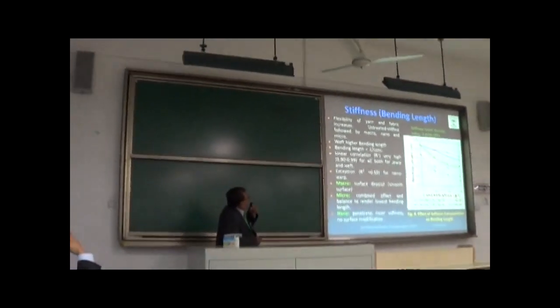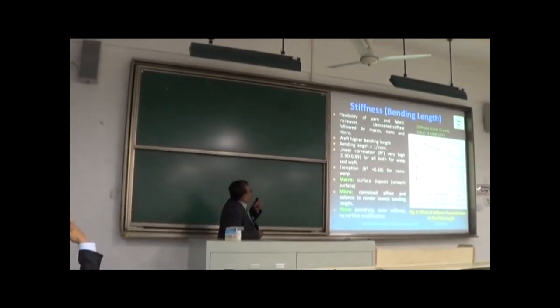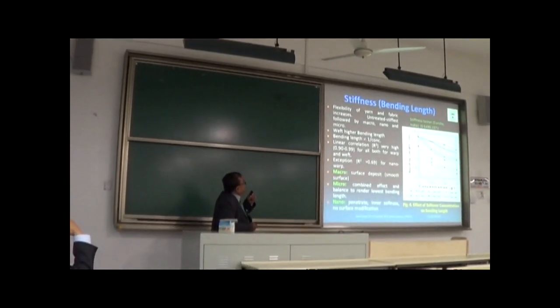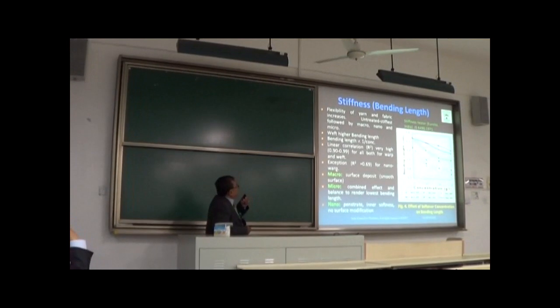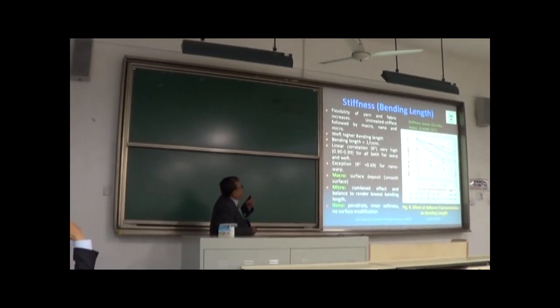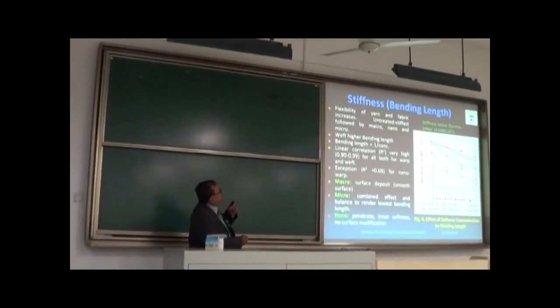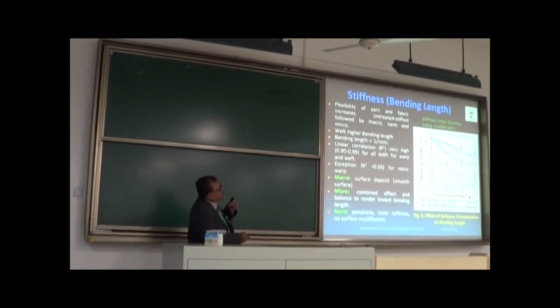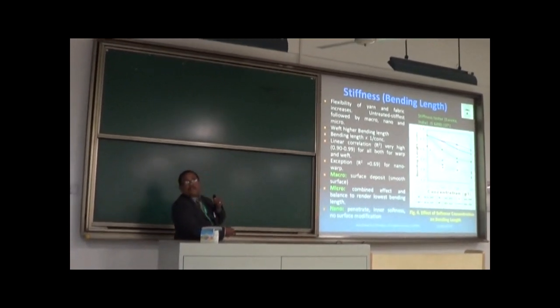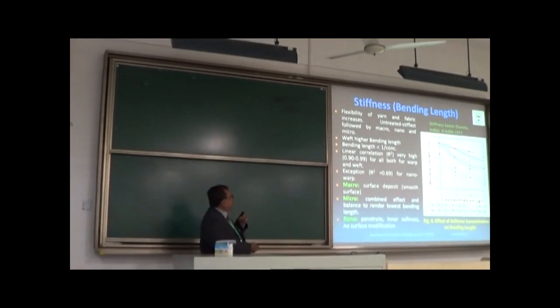The linear correlation is very high for both warp and weft. There are a few exceptions, like for nano warp, where there may be some experimental error. Otherwise, bending length sharply decreases with concentration.